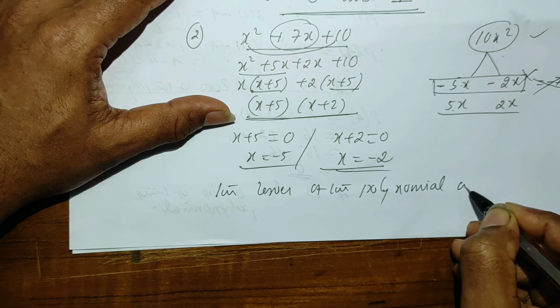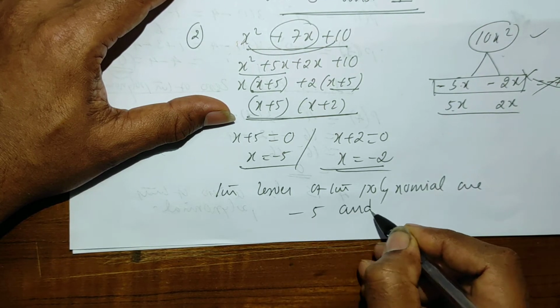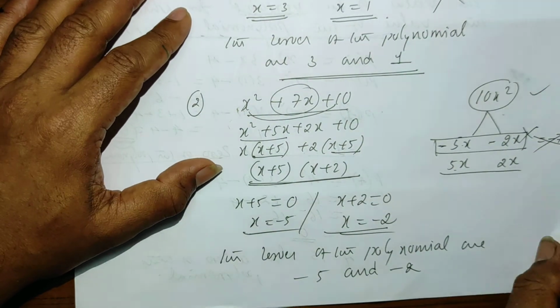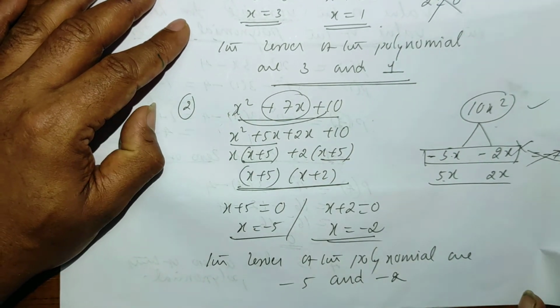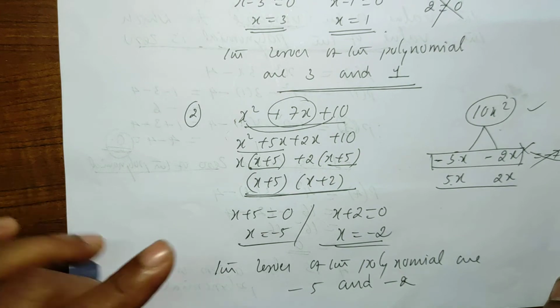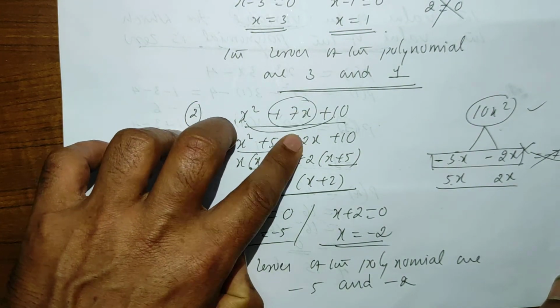See, in both the cases, I factorized the quadratic polynomial using the splitting the middle term method. So the only thing is you have to factorize the given quadratic polynomial and each factor should be equated to 0. You will find the variable. The value of the variable itself is the zero of the polynomial.